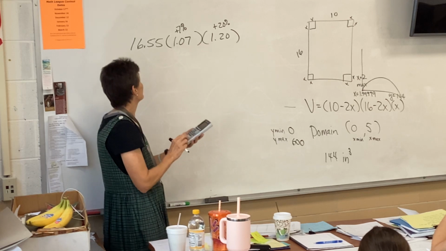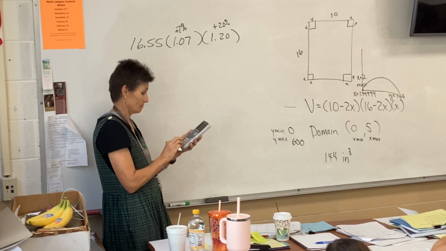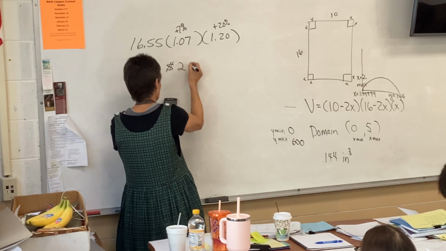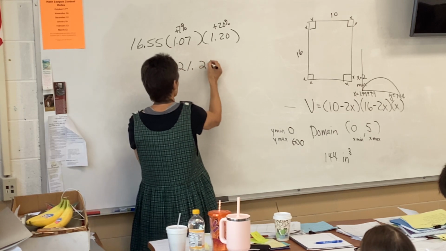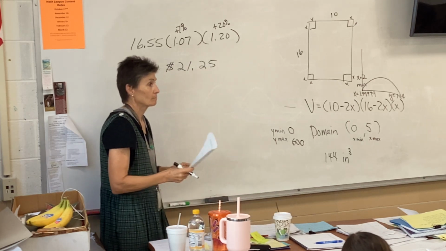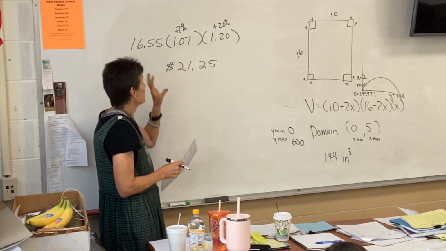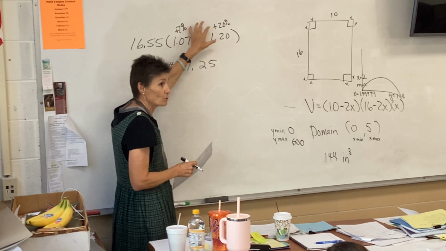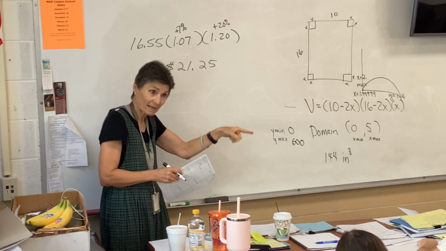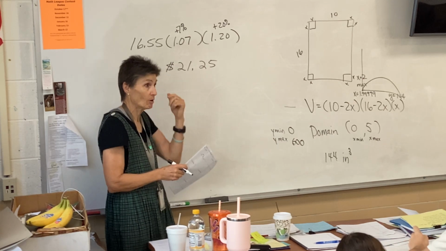Just type it in. $21.25 is what that will end up costing me. So the key thing to remember there is, we never multiply by the percent. We either add it to 100 or we subtract it from 100, depending on whether it's an add-on or a takeoff.